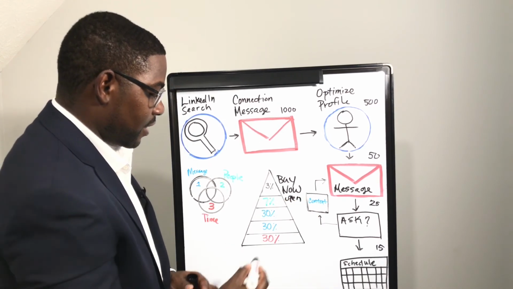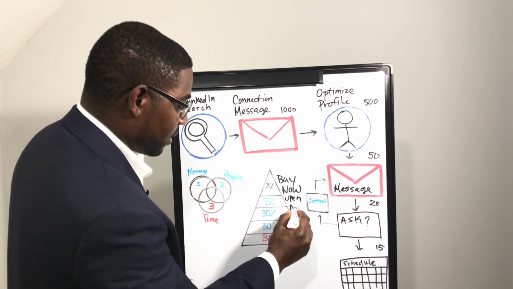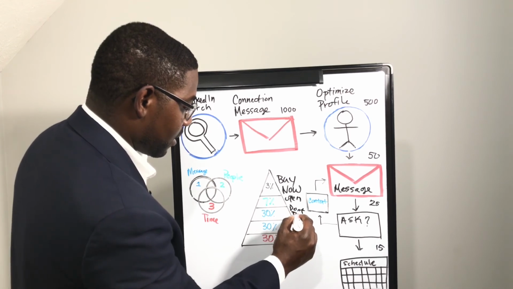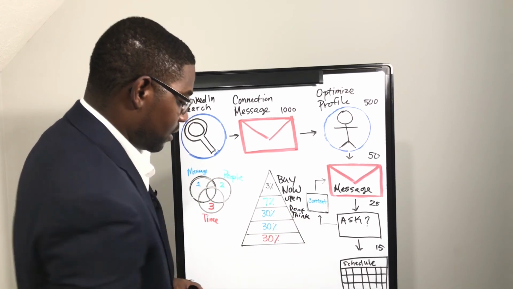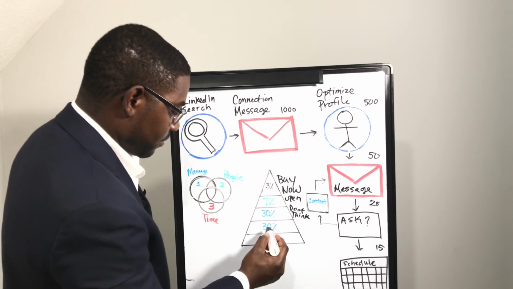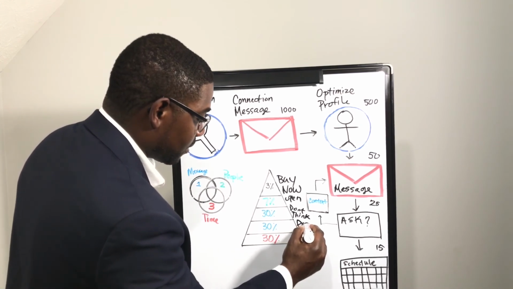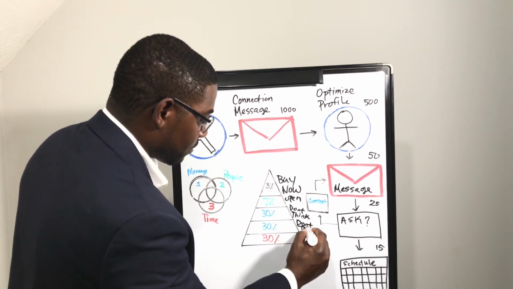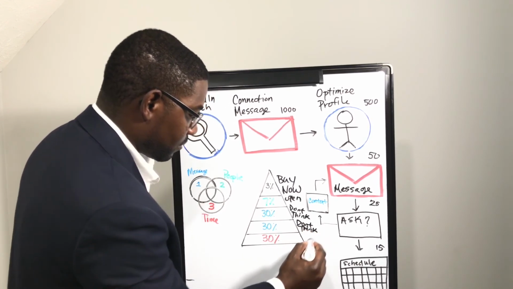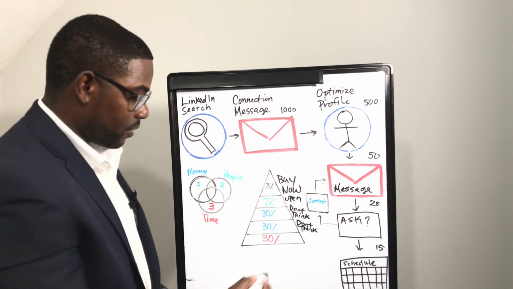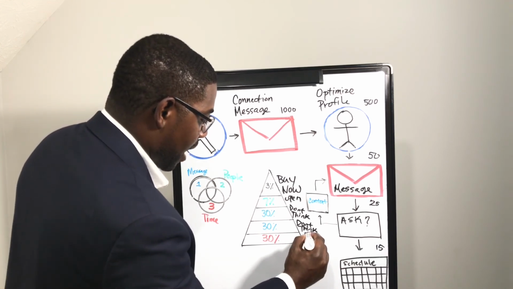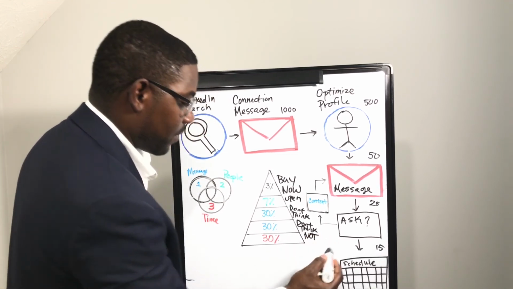And then there's 30% that don't think they're open to buying. There's 30% that don't think they're interested. And then there's 30% that are not interested at all and are never going to buy.